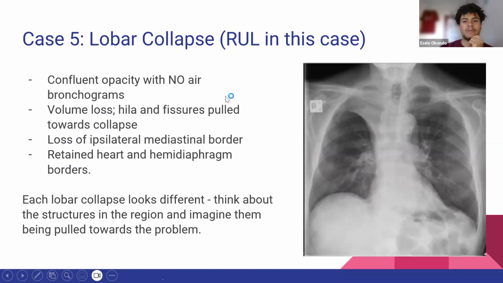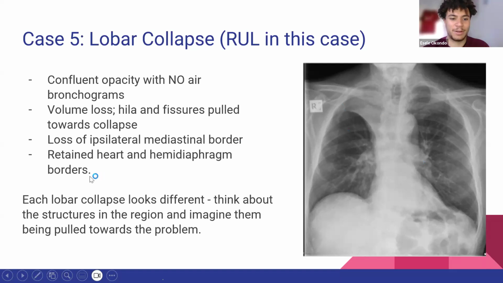Here we have lobar collapse, and you can see it in the right upper lobe. You have opacity with no air involvement here. The lung markings have moved away from that area of the lobe. The hilar and the fissures are pulled towards the collapse because you can imagine there's a significant pressure change. And then you have retained heart borders.